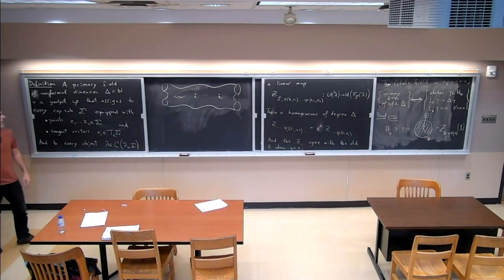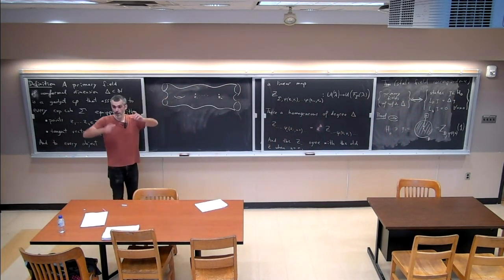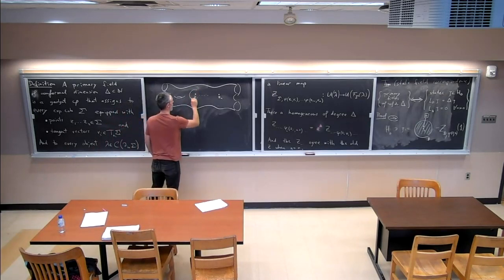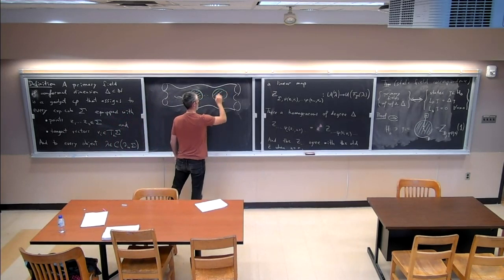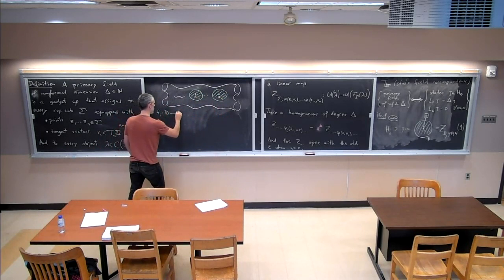You choose disks, namely you choose maps from the standard disk into sigma. So these are maps Fi from D into sigma with a property that 0 maps to Zi.